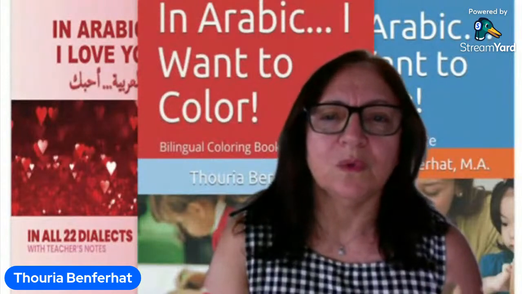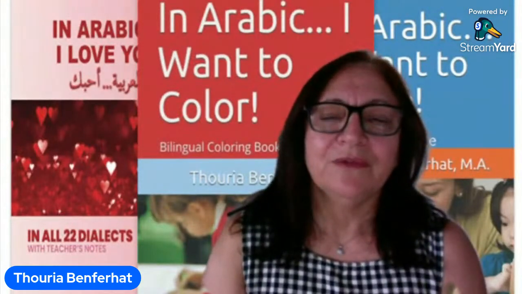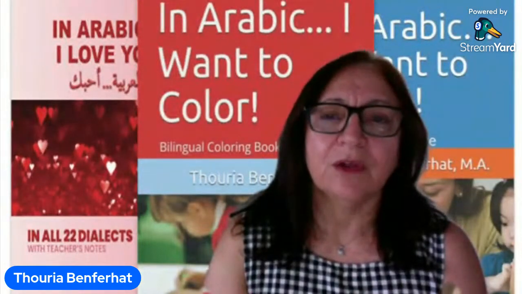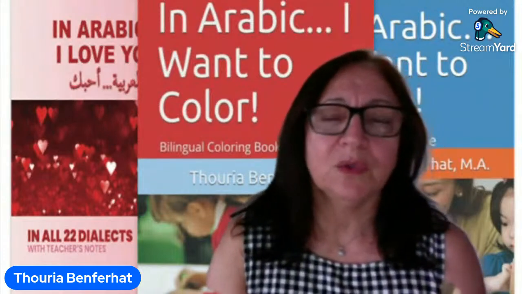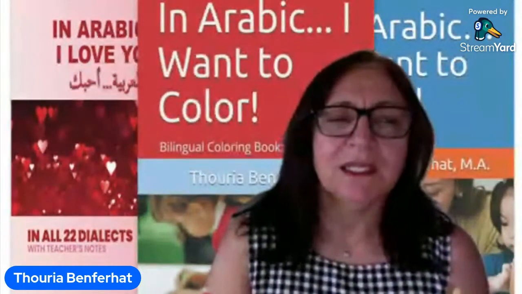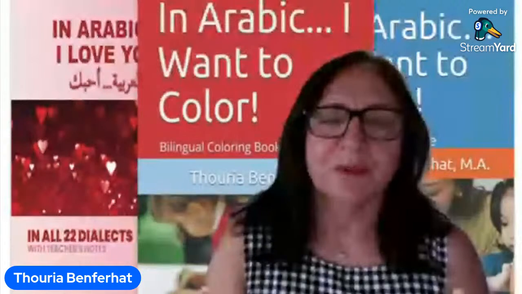A, u, and i. So if you pronounce short and long, you can say all the vowels by saying a, u, and i. Basically, the long vowels are just the same as the short vowels, but longer.